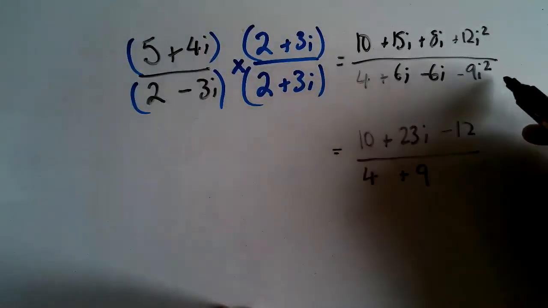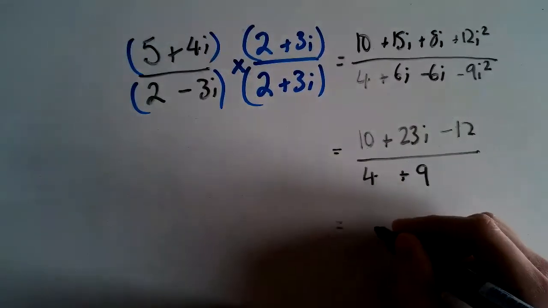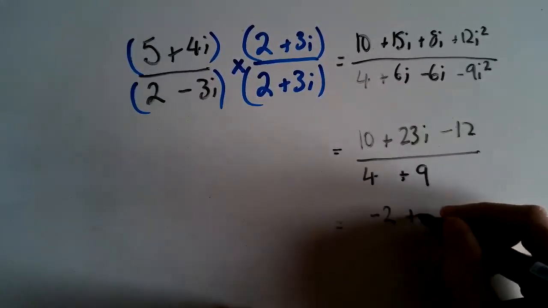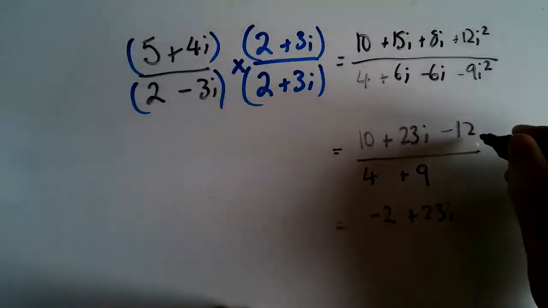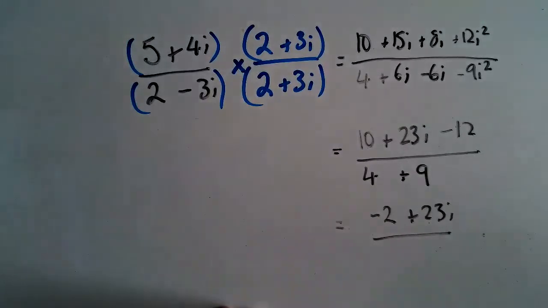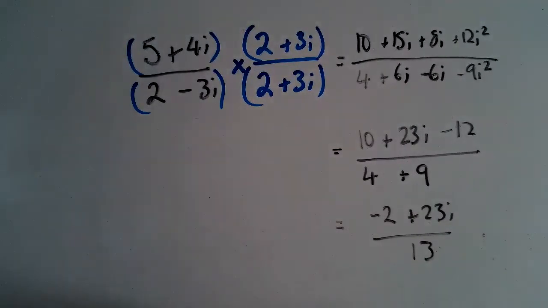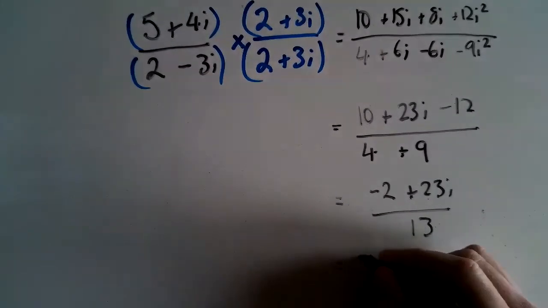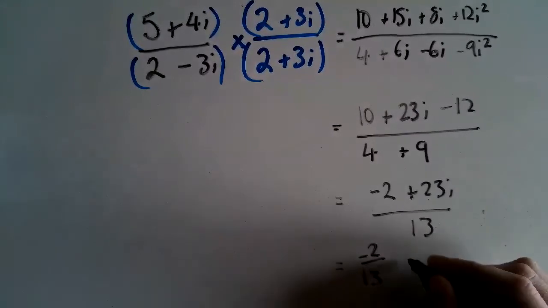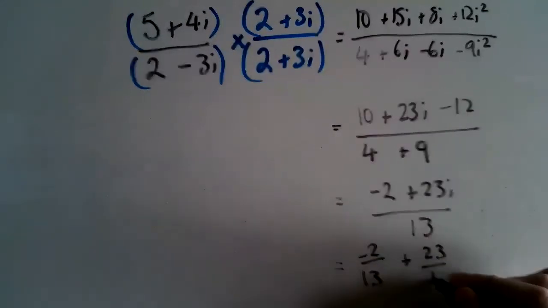So minus 9 times minus 1. So that gives me minus 2 plus 23i on the top. And 4 plus 9 is 13 on the bottom. 10 minus 12 is minus 2, divided by 13. So that's my answer. It's a complex number. If you want to write it as real and imaginary parts, it would be minus 2 over 13 plus 23 over 13 i.